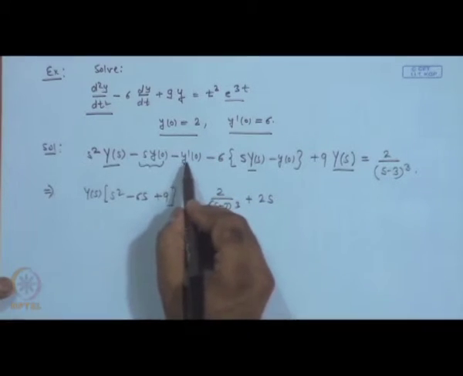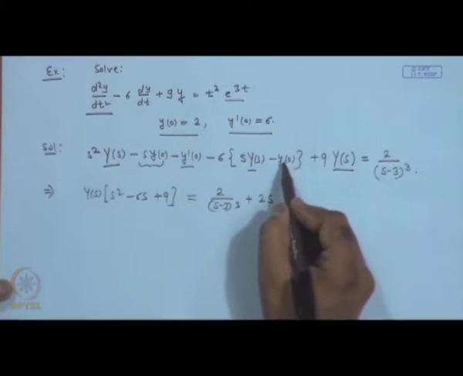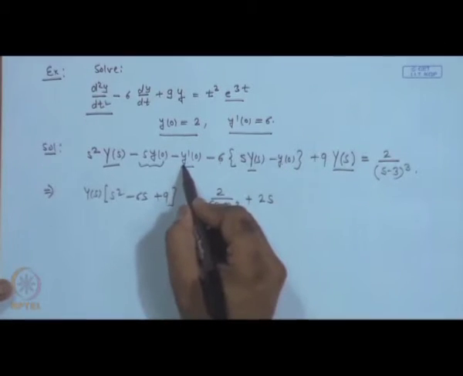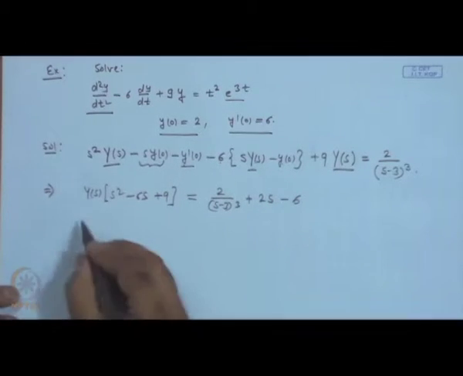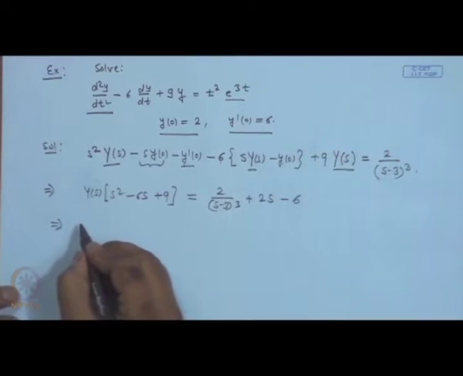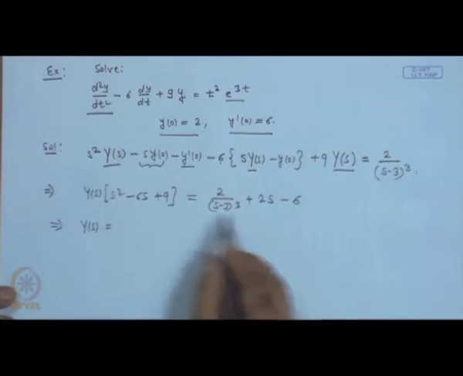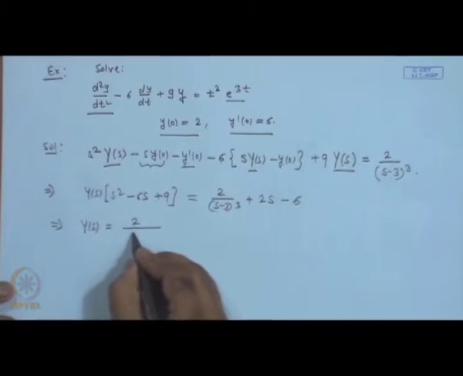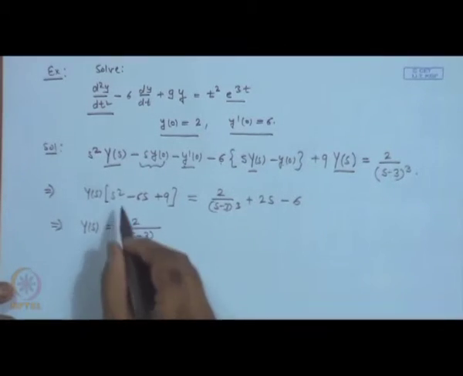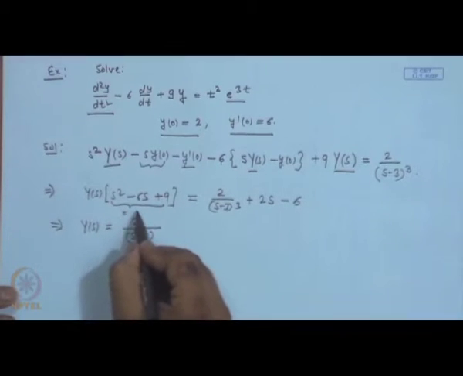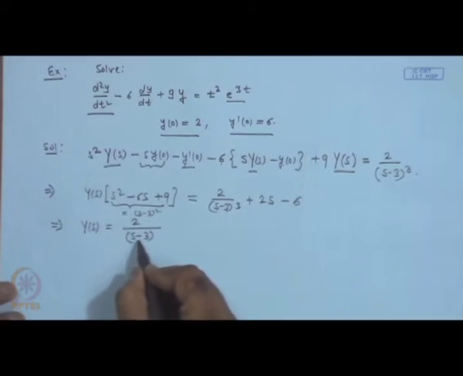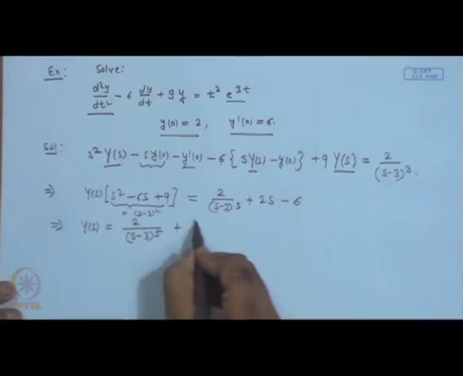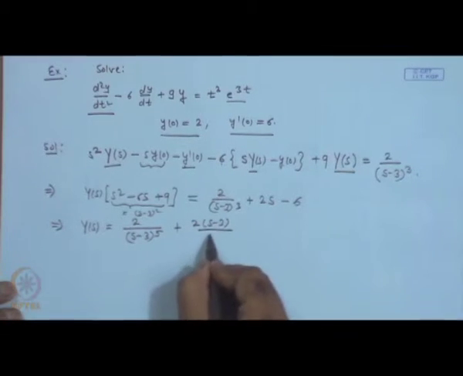Then here we have 6 times y(0), which is 2, so plus 12, and minus 6, so we get 6. On that side it will be minus 6. From here we get Y(s) equal to 2 over (s minus 3). Here we actually have (s minus 3) whole square, so when we take it to the right hand side, we have 2 over (s minus 3) to the power 5, and (2 s minus 6) over (s minus 3) square.